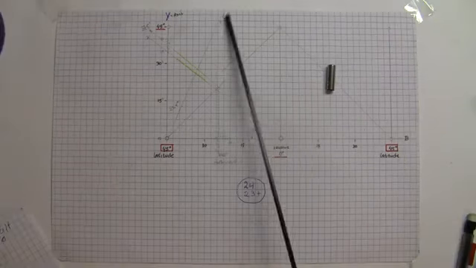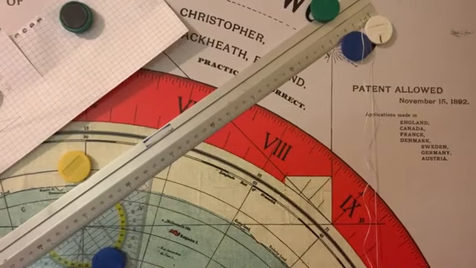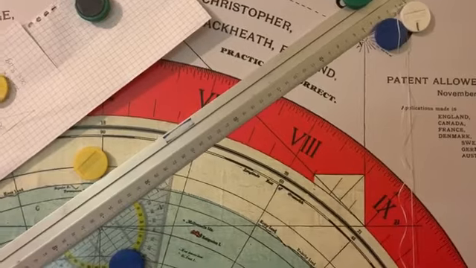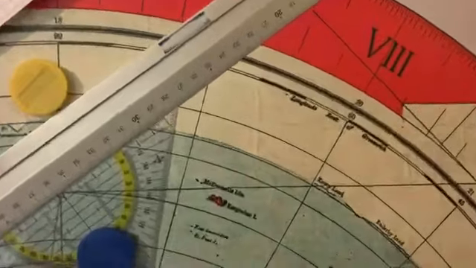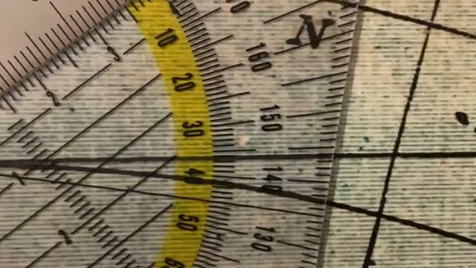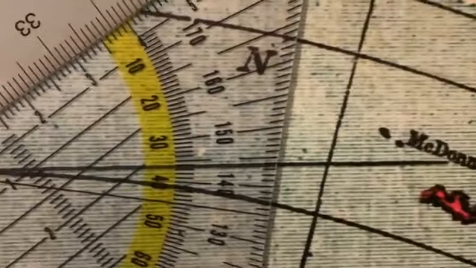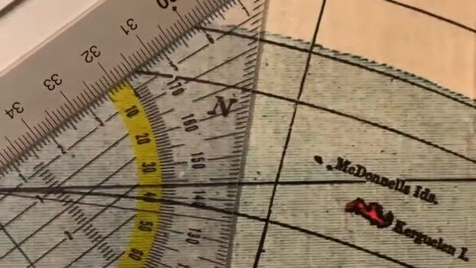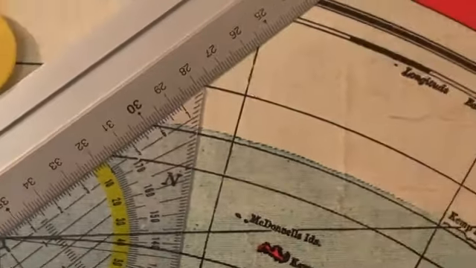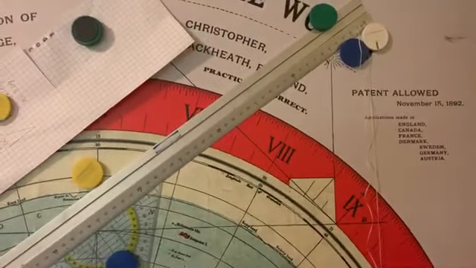Let's erase this because we have nothing to do with the globe. If I measure the same angle on the Gleason's map, it measures 36.5 degrees. It should be 37.5 degrees because that's the angle when the sun is at the 45 degrees latitude.